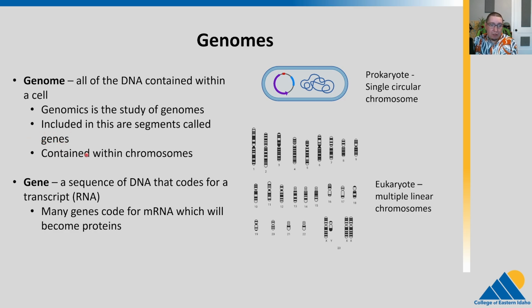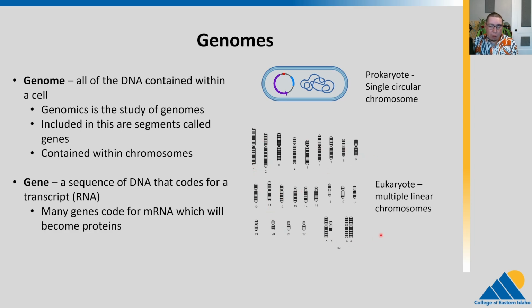The genome is contained within a chromosome or chromosomes. In prokaryotes, we generally have a single circular chromosome. There might be extra bits in there, but we have the single circular chromosome, and there's one of those. In eukaryotes, we tend to have many different linear chromosomes.